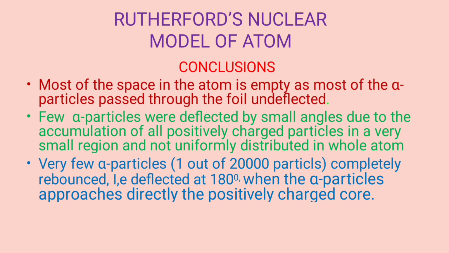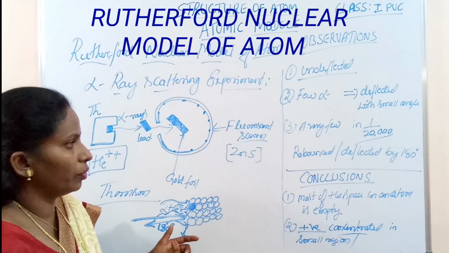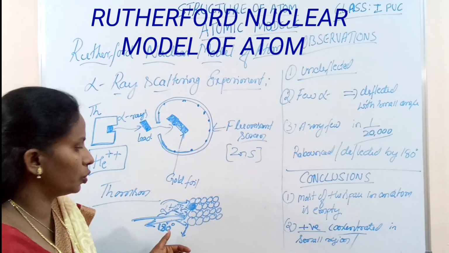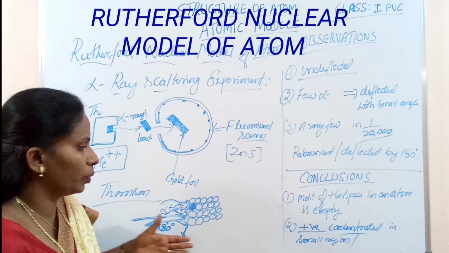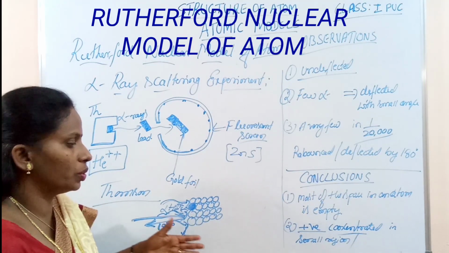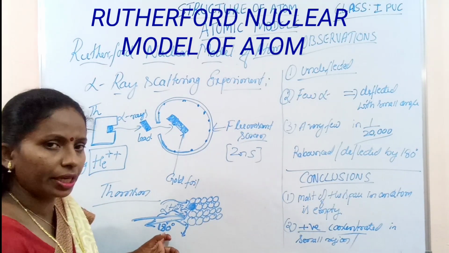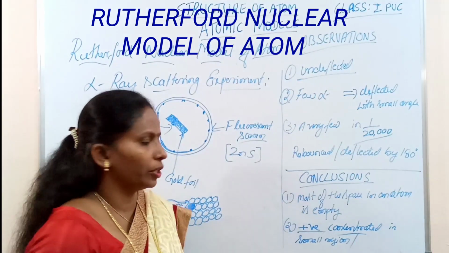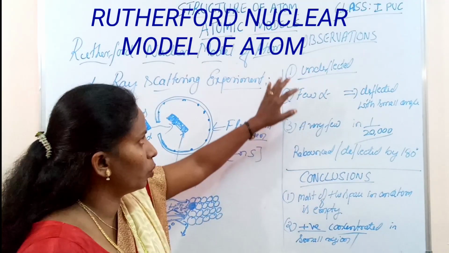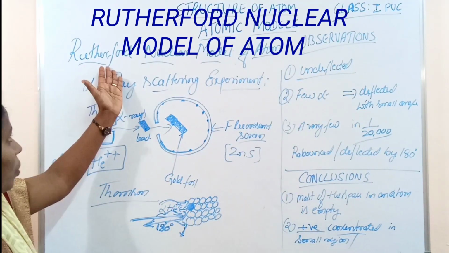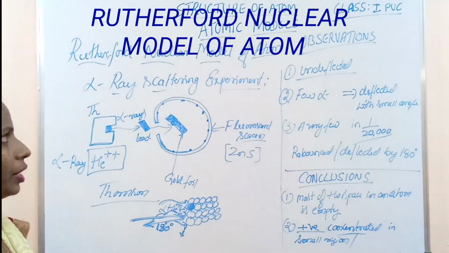But a very few, 1 in 20,000, rebounded. That is because when alpha particles approach the positive core directly, they are deflected by an angle of 180 degrees. These are the observations and conclusions. Based on both, Rutherford proposed his nuclear model of the atom.